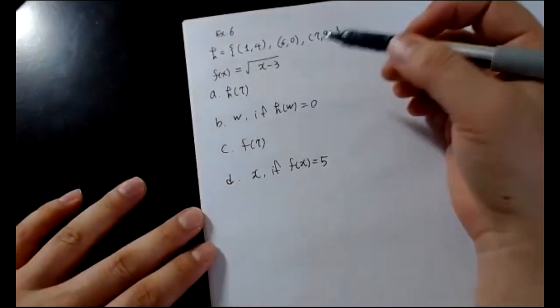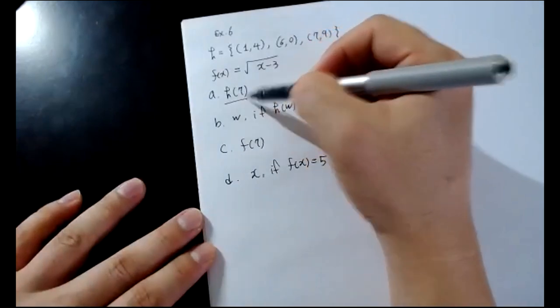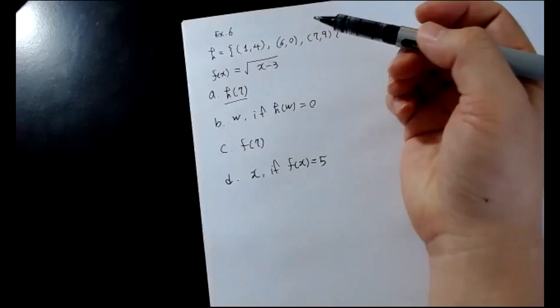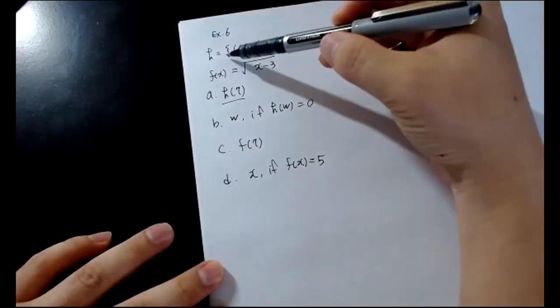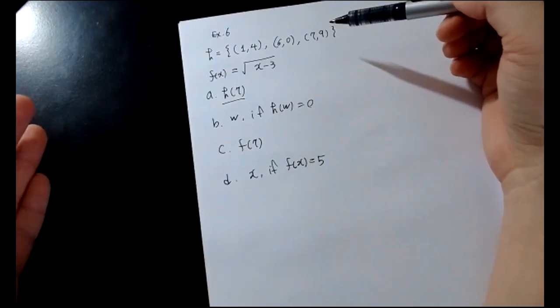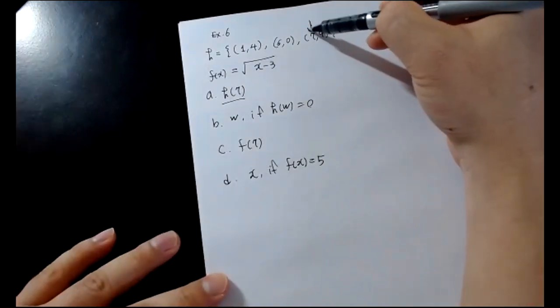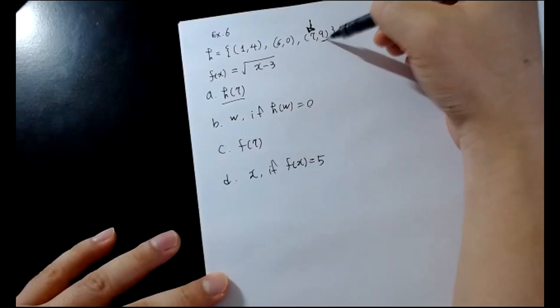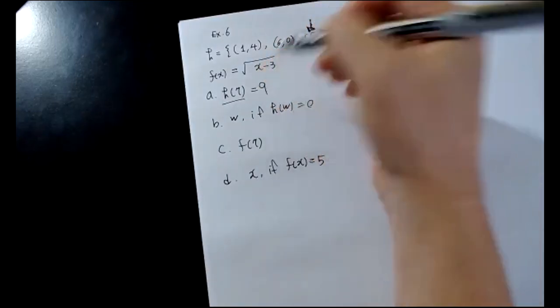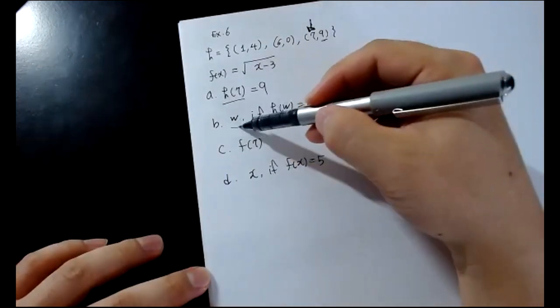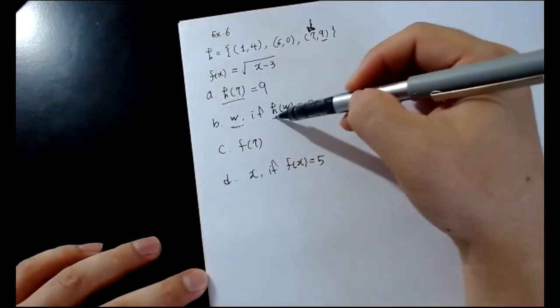So see, H of 7. I told you, H of 7 means the y value when the x value is 7, right? So here we find the pair whose first coordinate is 7, right here. The 9, that's H of 7. Now for B, we want to find W if H of W equals 0.